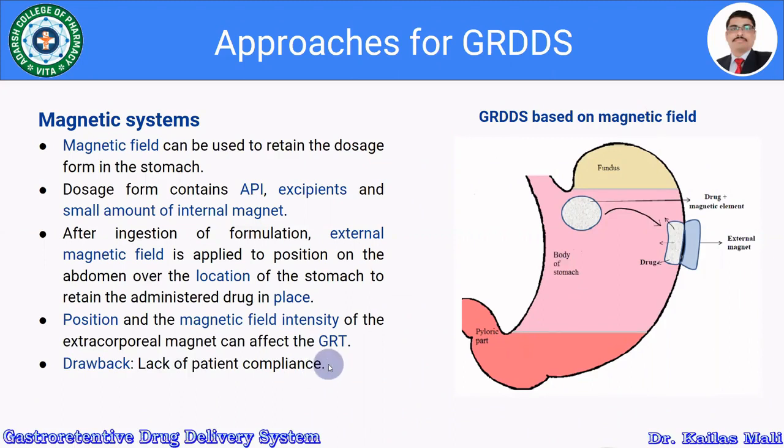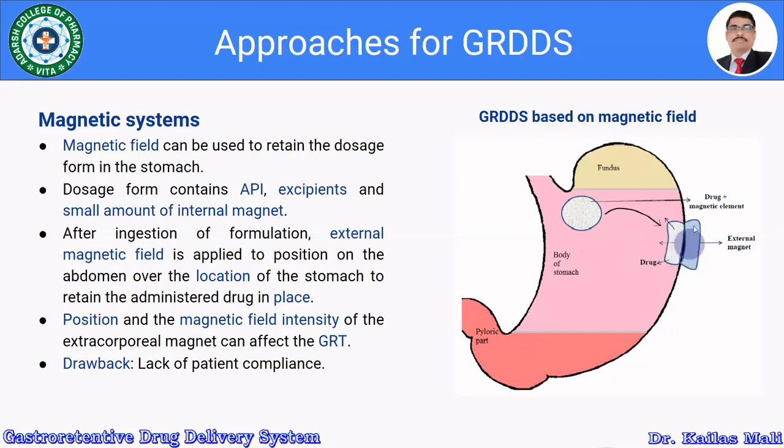So in the case of the magnetic system, what we are doing is preparing the formulation by using the magnetic element and the drug. When we swallow such a formulation and apply the external magnetic field, due to the external magnet, the formulation is going to be positioned in the stomach for a longer time period.